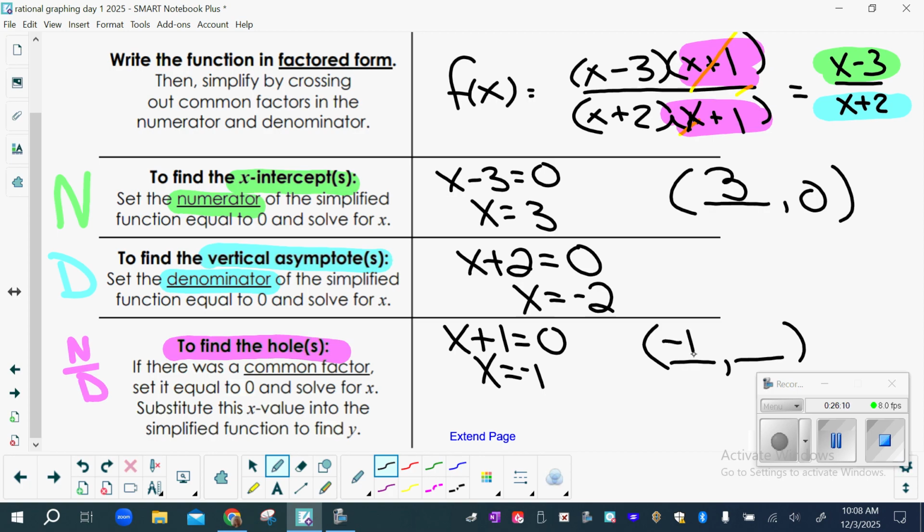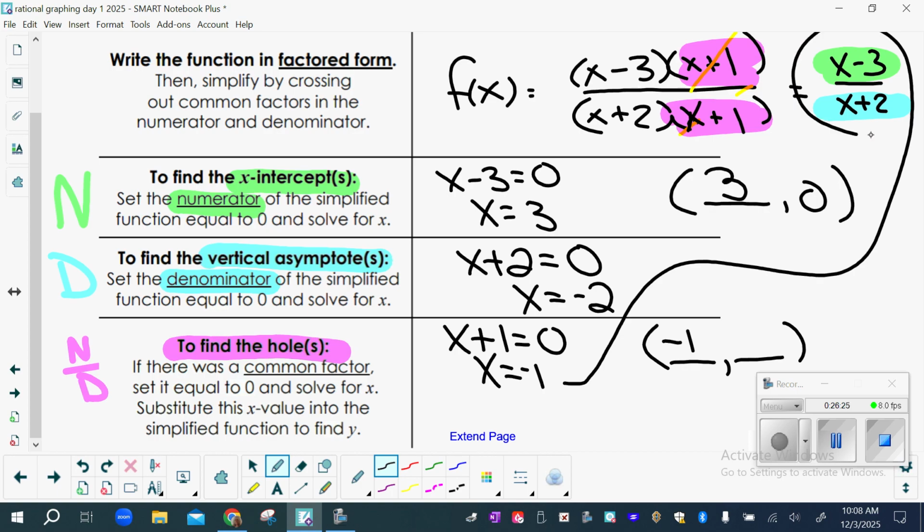Here comes the only place we have to do a little bit of baby math. To get the Y, we got to take that -1 and plug it back in. Is it small baby math? It is, but that's how we get our Y. And it's the only math we've had to do really all day.